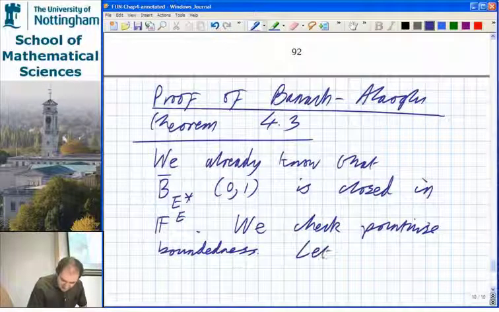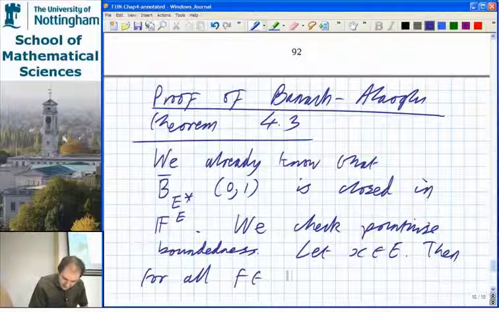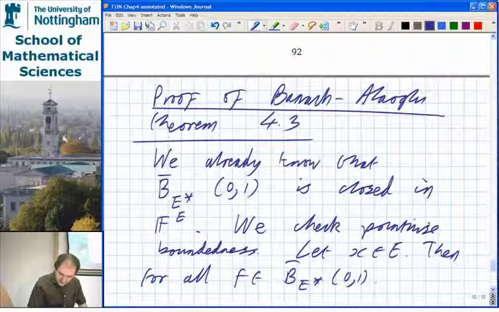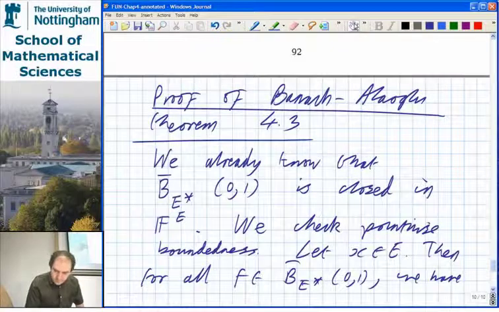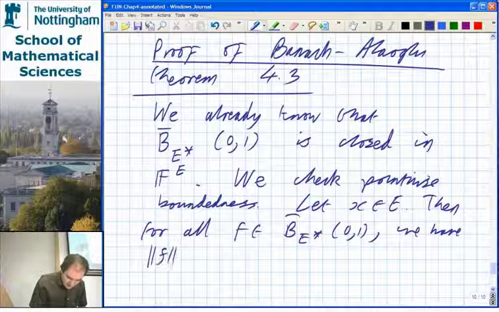So we let x be in E. Then for all f in the closed unit ball, by definition, the operator norm of f is less than or equal to 1.